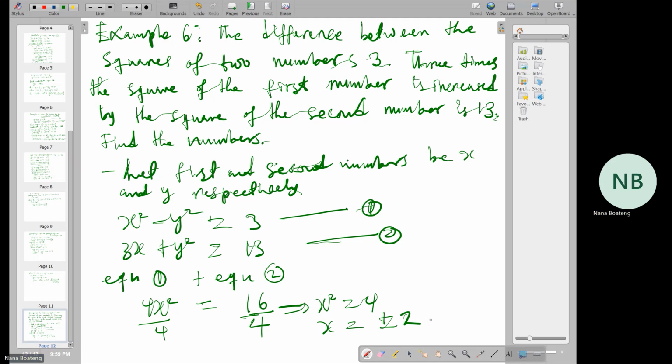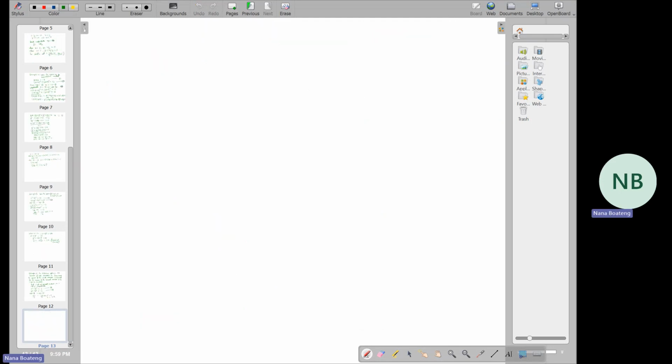All right, so let's find the values of y on the next page. So x is equal to plus or minus 2, so we can substitute the value of x into either equation 1 or 2 to find the value of y. So when x is equal to positive 2, let's substitute this into equation 1.